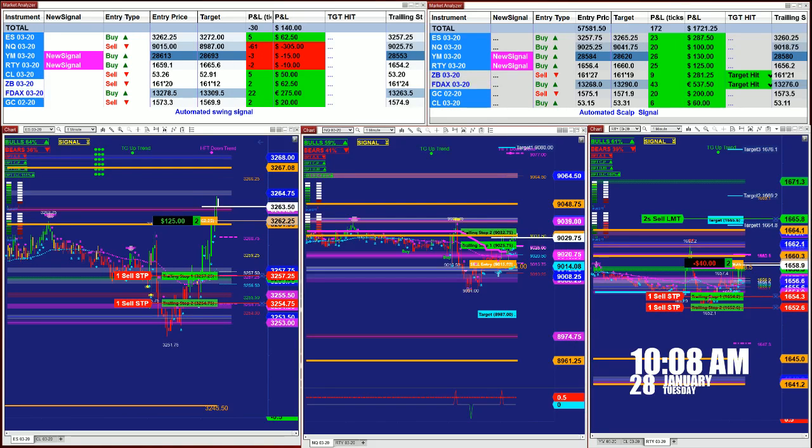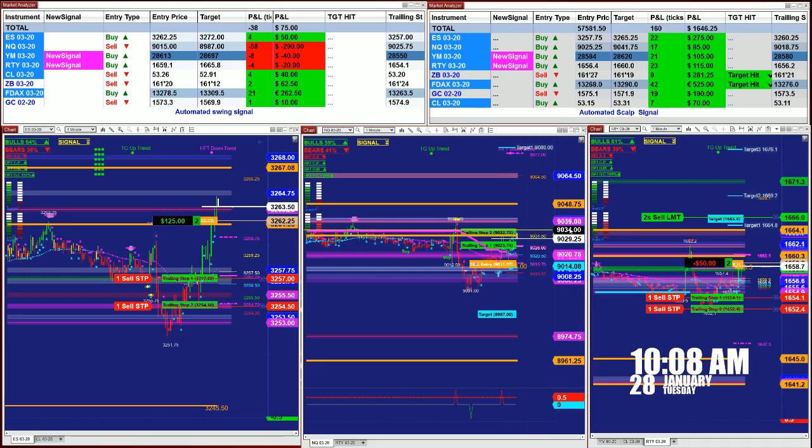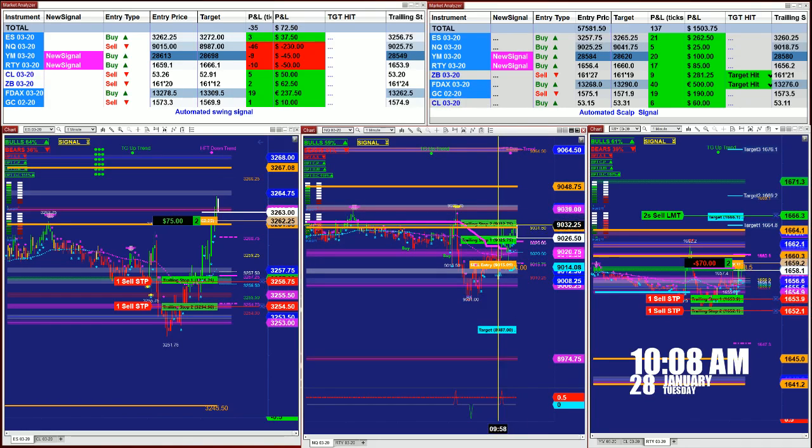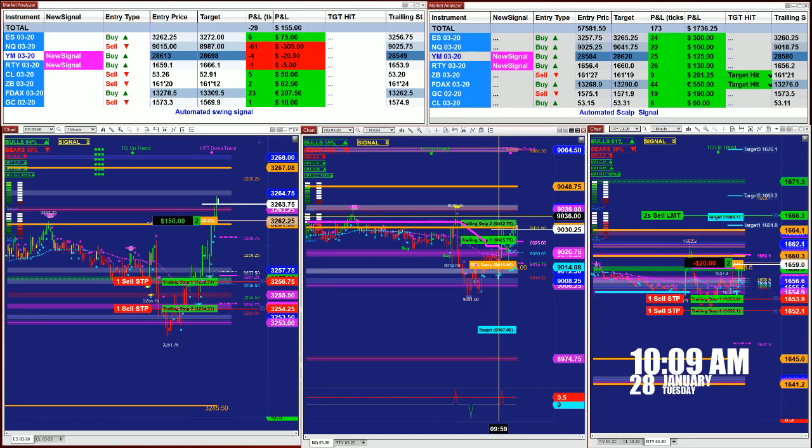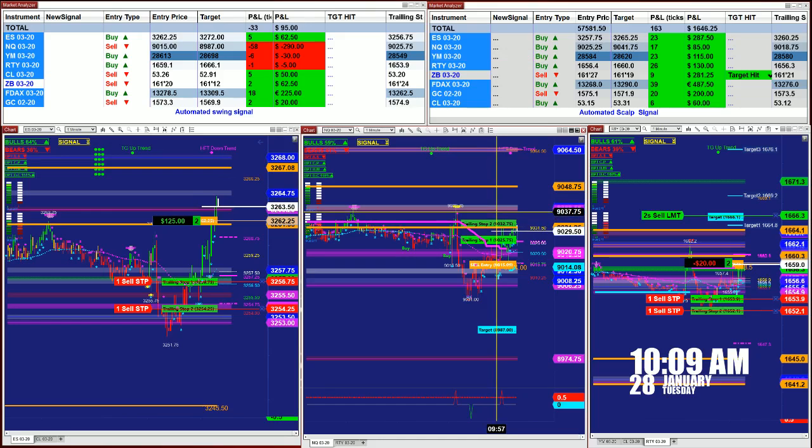So now, if we look at this NASDAQ, we're going to have a double resistance in this area here. Immediately, once we have a signal here somewhere around 9036, we're going to have a long signal after we cross those fibs.